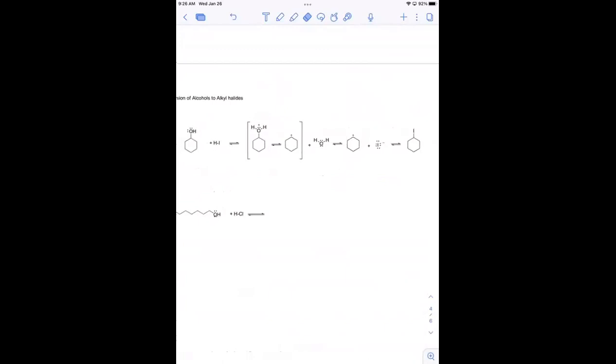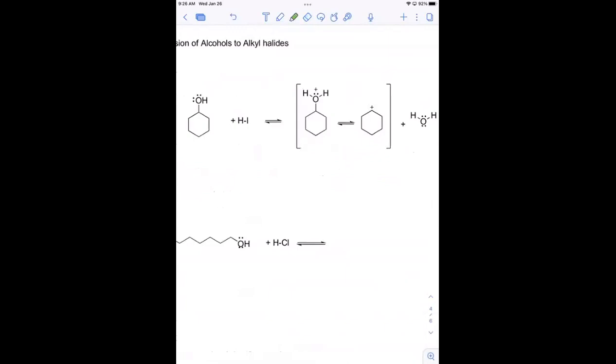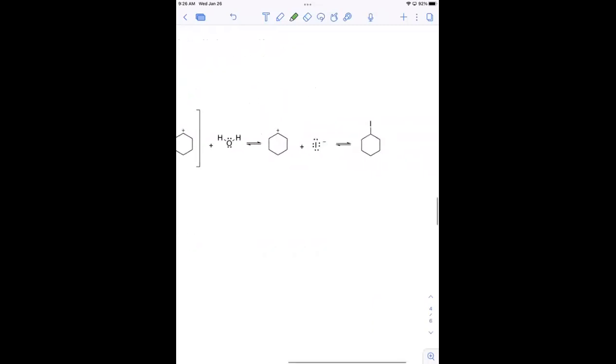Mechanistically, you can see here, I'm going from this OH, the secondary alcohol, to this alkyl halide. That's the goal of the reaction, to introduce a halogen. In doing so, I'm going to substitute that OH group with a halogen.